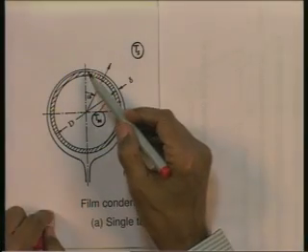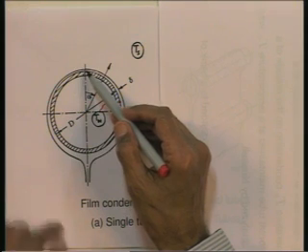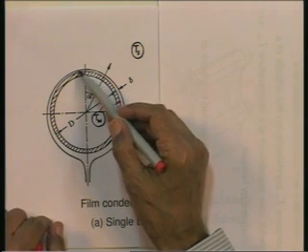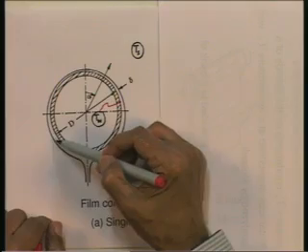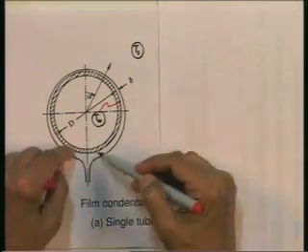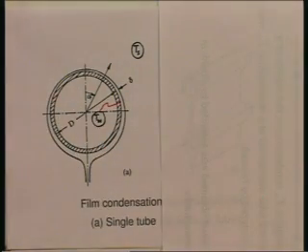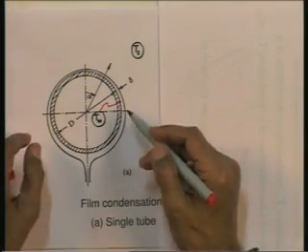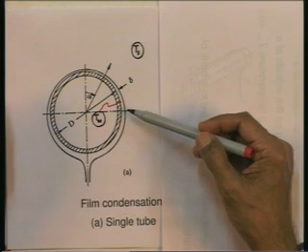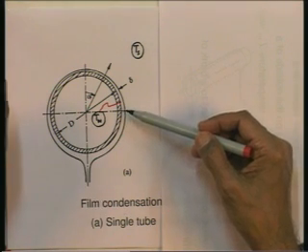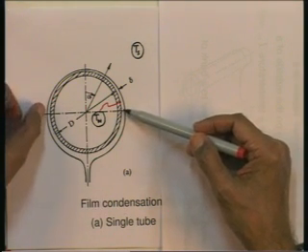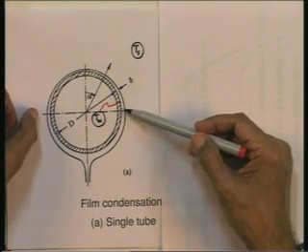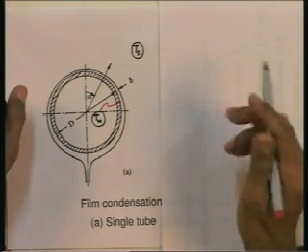Notice what I have drawn on the outside is the liquid film growing in thickness as we go down along the circumference, and finally, the liquid film falls off at the bottom of the tube. Its thickness is shown exaggerated. It is a very thin film, as I have made the point repeatedly earlier also.